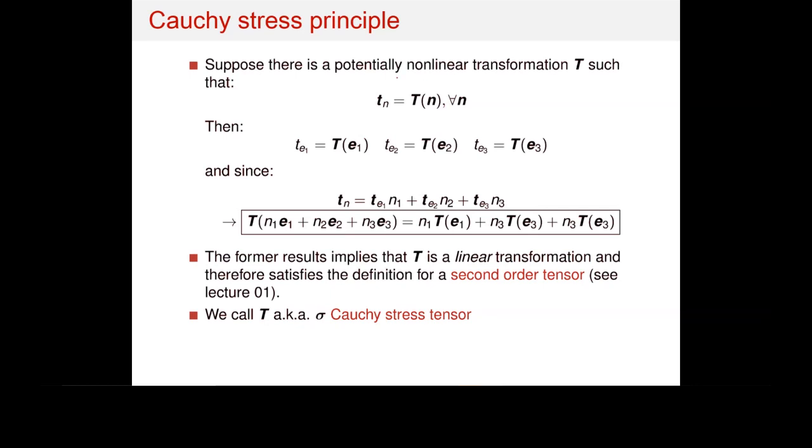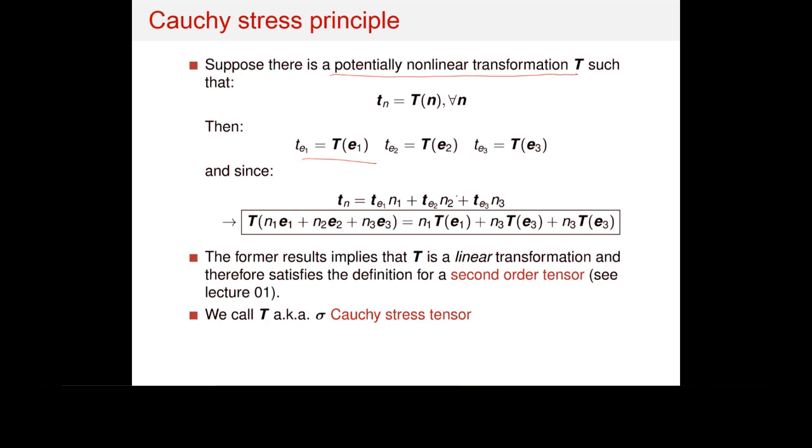Now, let us assume that this is a nonlinear transformation, and we prove that this is not the case. We can come back and show that this is a linear transformation. If it is a nonlinear transformation, then we can write it in this way. So Te1 multiplied with E1 is equal to Te1 and E2 and E3.